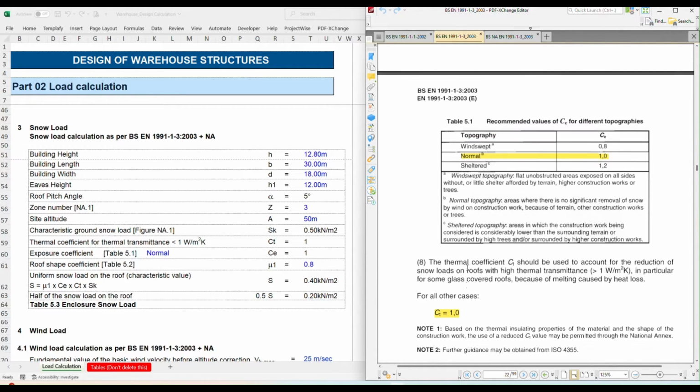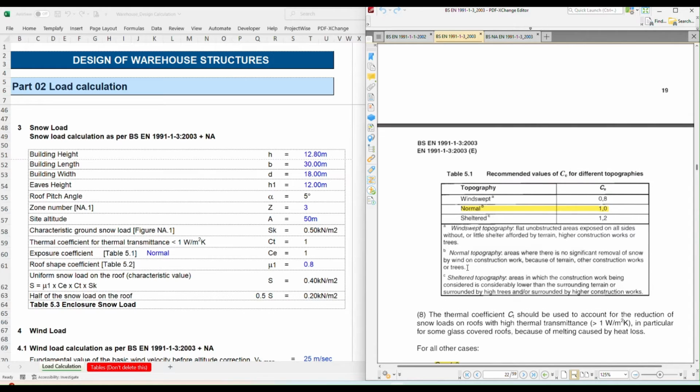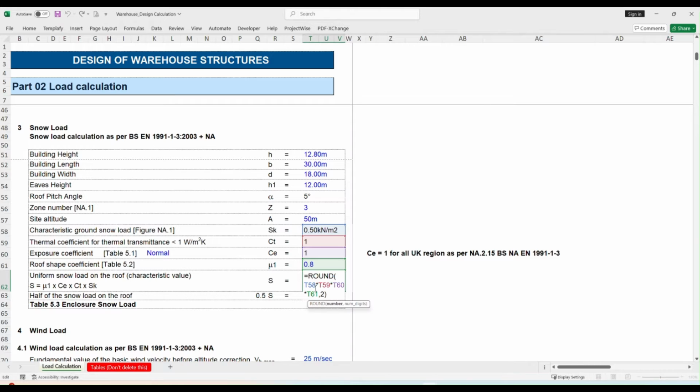For Ce we consider as per table 5.1 for the normal case, which we have assumed as 1. Applying all these values here, we get the S value as 0.4, and we also consider half of the snow, which is 0.2, just 50%. This we are going to apply during the load applications on the roof also.